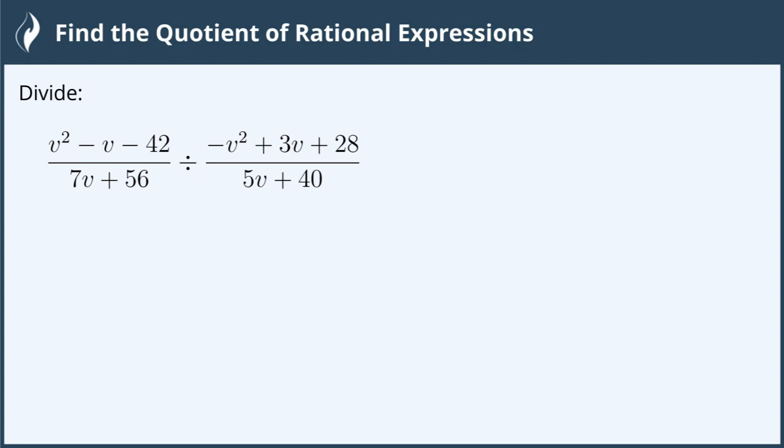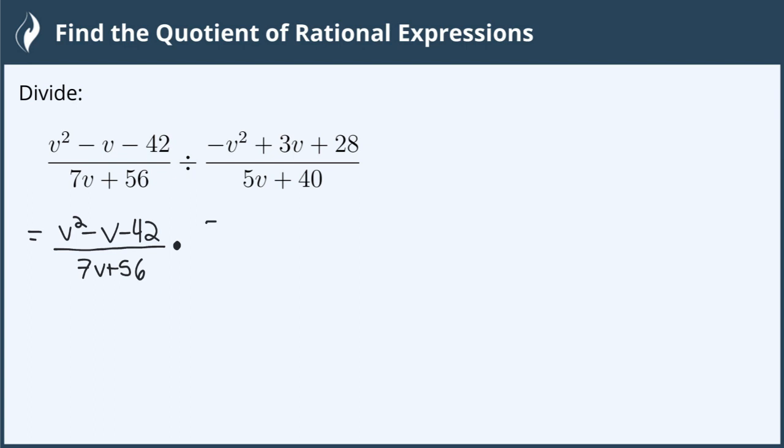Another way we can think about this is we keep the first fraction, so v squared minus v minus 42 over 7v plus 56. Then we change it to a multiplication problem, and then we flip the second fraction.